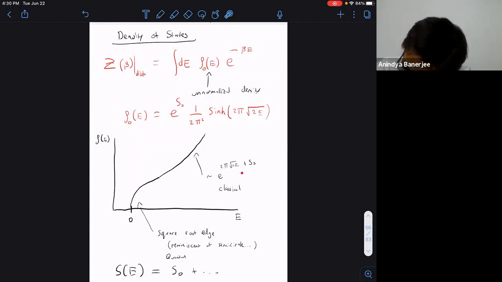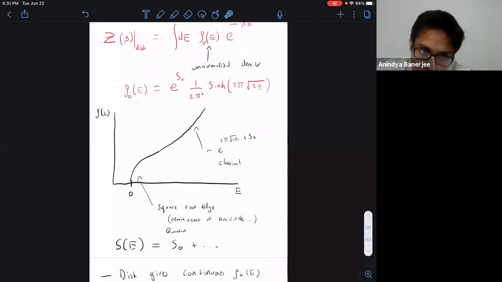And this is supposed to be the entropy S of E. It looks like S naught, which is a large number, plus the square root of E at high energies. For low energies, we look at this sinh of root E, and for small energies we can just treat this as linear. So it looks like square root of E times e to the S naught at small energies.